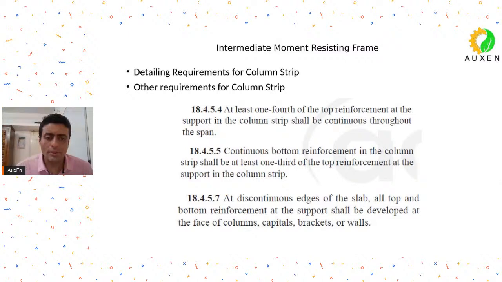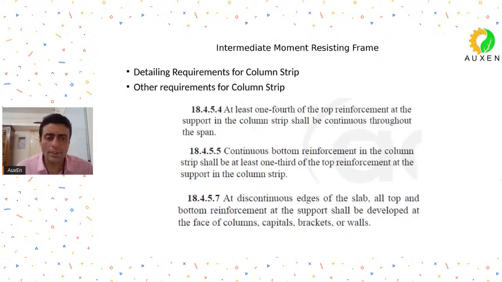The bottom reinforcement in the column strip shall be at least one third of the top reinforcement at the hogging support in the column strip. So whatever reinforcement you get for the hogging moment in the column strip, at least one third has to be provided at the bottom. And at discontinuous edges, you have to provide development lengths. So this is what is written in these three clauses.